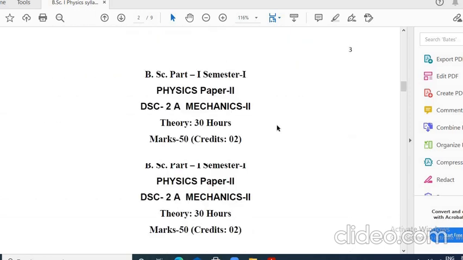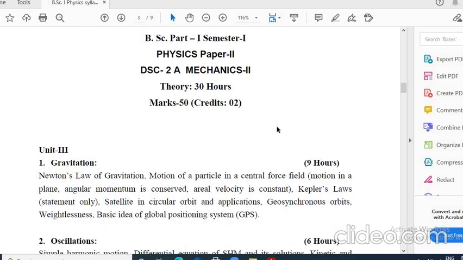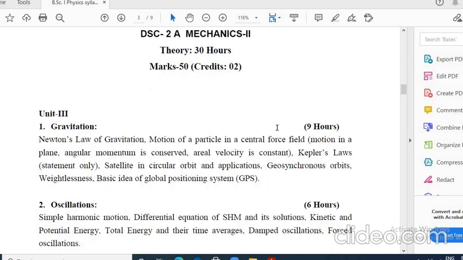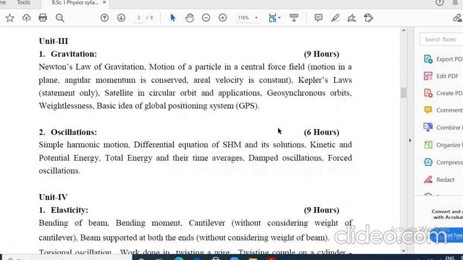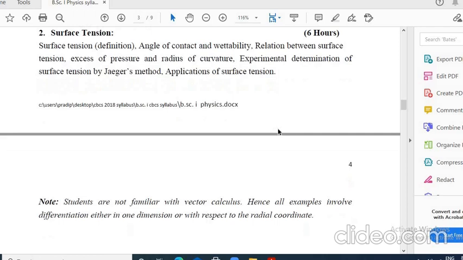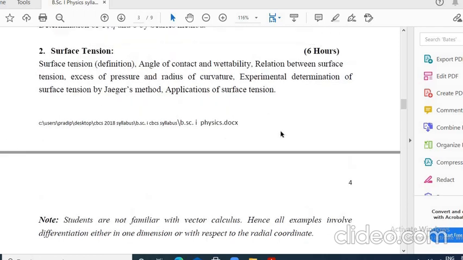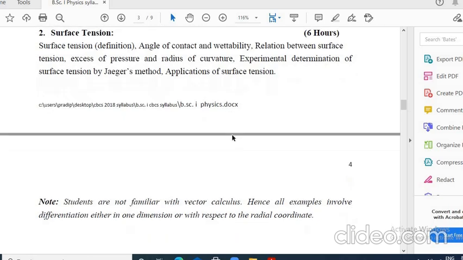The next chapter of paper 2nd, mechanics 2nd, consists of gravitation, oscillations, elasticity, surface tension, etc. But as far as this examination is concerned, the surface tension is deleted from the syllabus.